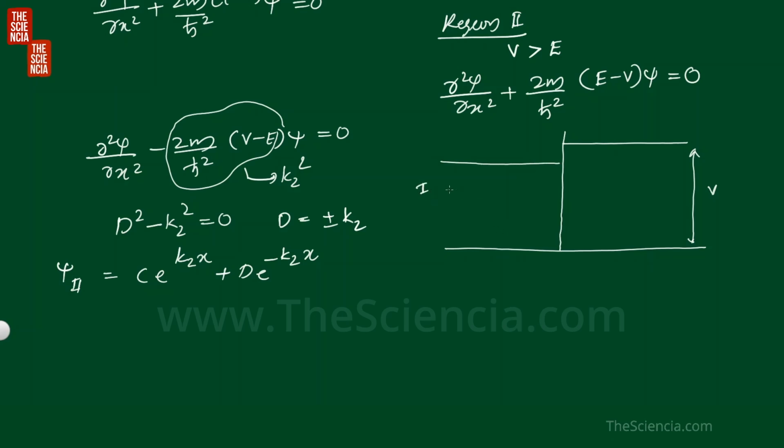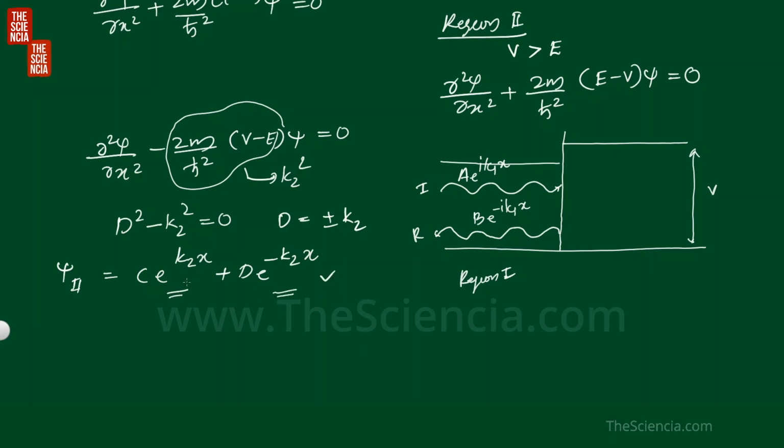From the first solution, we got a wave traveling in the forward direction, that is the incident wave, a e raised to i k1 x, and there is a reflected wave, that is b e raised to minus i k1 x. So this is region 1. And in region 2, we got this solution.